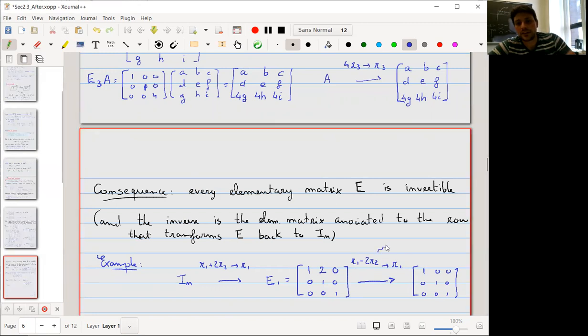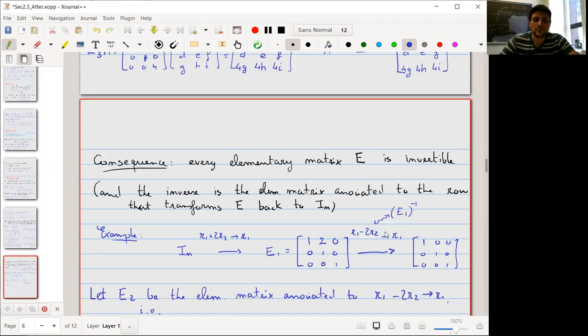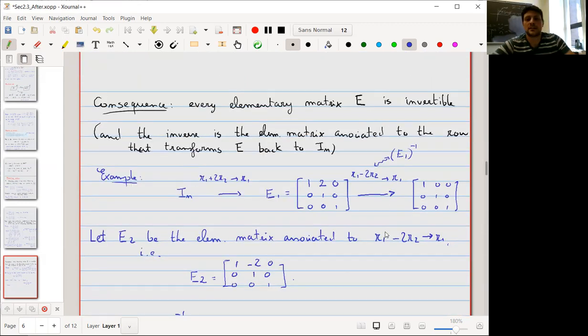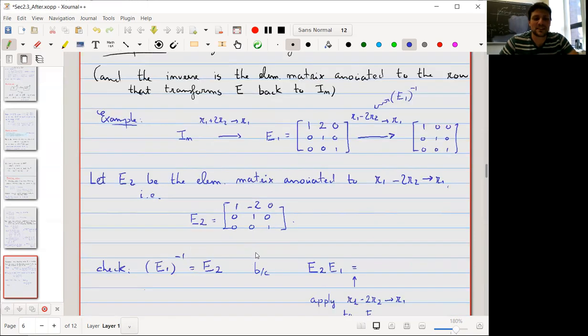So this operation here will correspond to a matrix E1 inverse. And in fact, if you apply the row operation R1 minus 2R2 to the identity matrix, you get the elementary matrix E2 that looks like this.